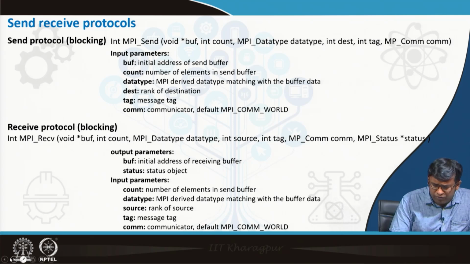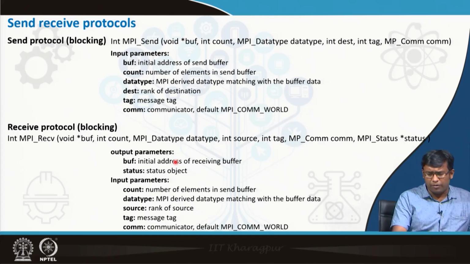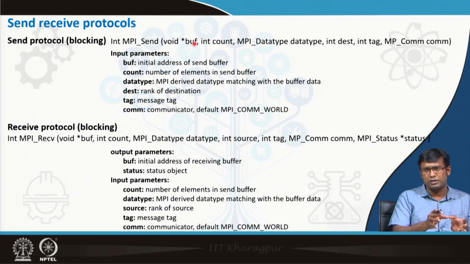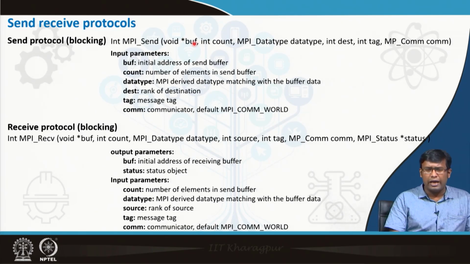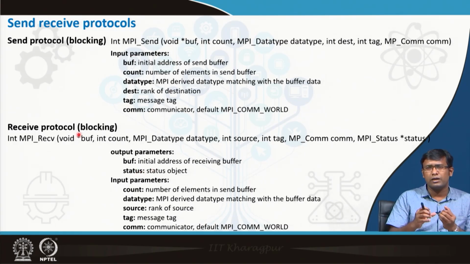The output of doing a receive protocol is the buffer, that is the receive buffer. From the send buffer, there is some buffer through which data has been taken by MPI, and if MPI send is there, the processor has sent this data to the receiving processor. As the receiving processor receives it, it puts it in a buffer which is in the local memory of the receiving processor, and that is the output. So, as the data transfer takes place, you get some data in its buffer.